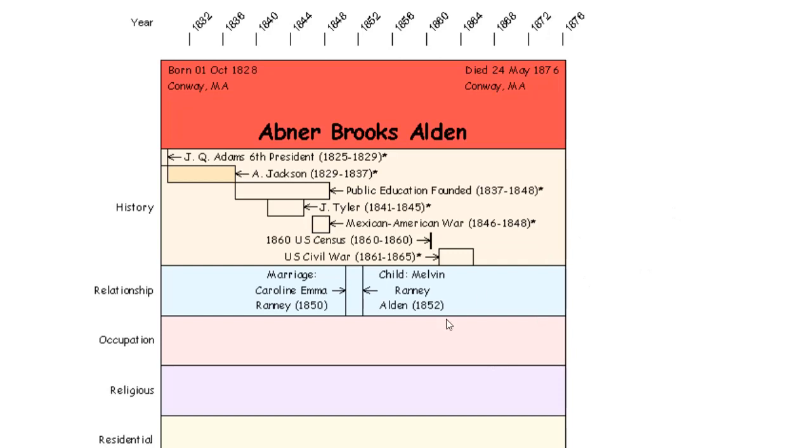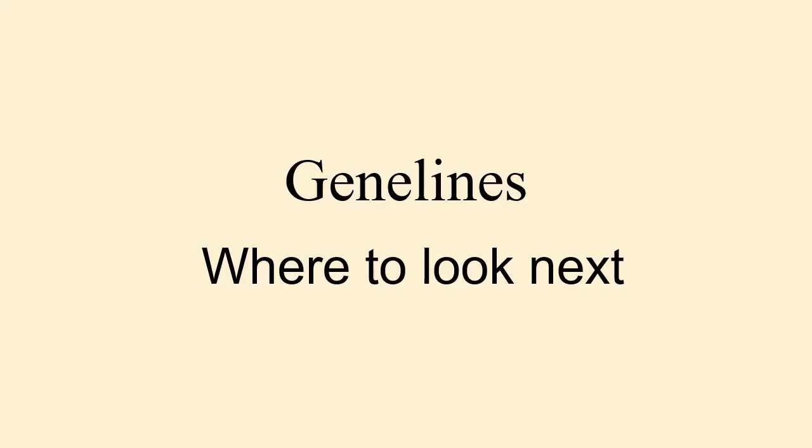By including empty life event categories on the chart, there's room to write brief notes, including historical information. Also, it helps prompt the reader's memory. The researcher could also have used Genelines to publish this chart as a PDF document and emailed it to remote family members.